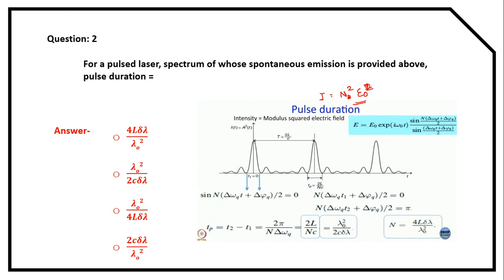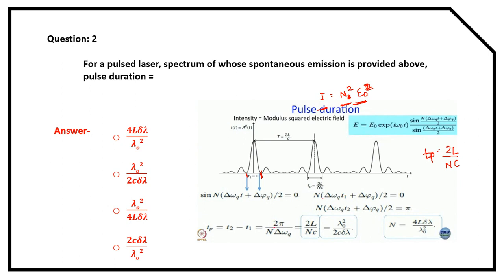Here E naught is the value of the electric field, and n is the number of modes. Therefore, the more the number of modes, the greater the intensity for a constant electric field. First of all, we'll go for the pulse duration, the time period for which the pulse exists, and the relation for that was Tp equals 2L upon Nc.